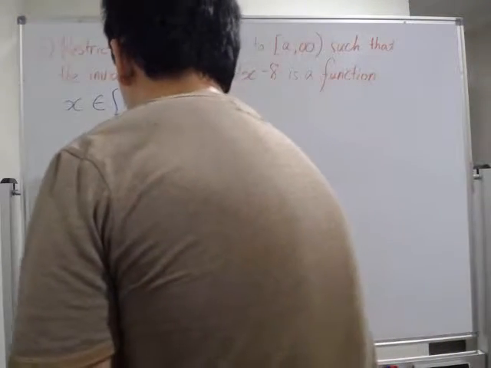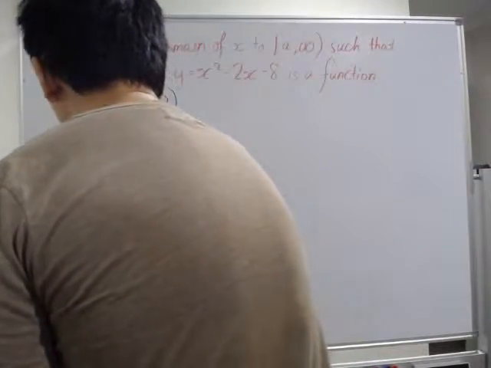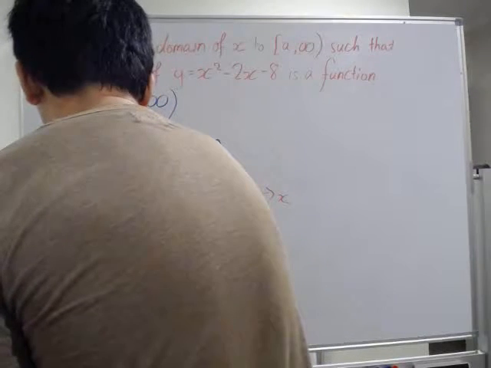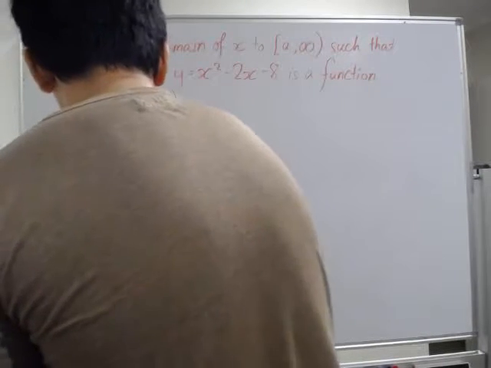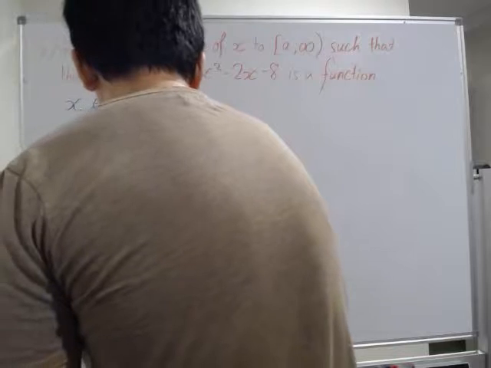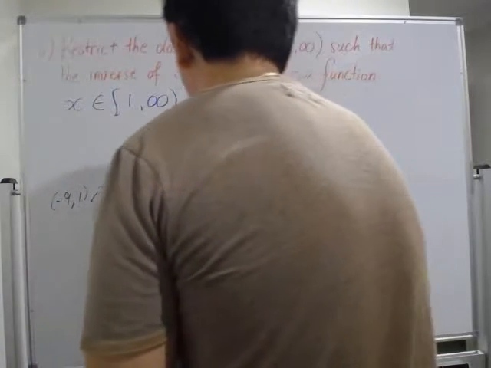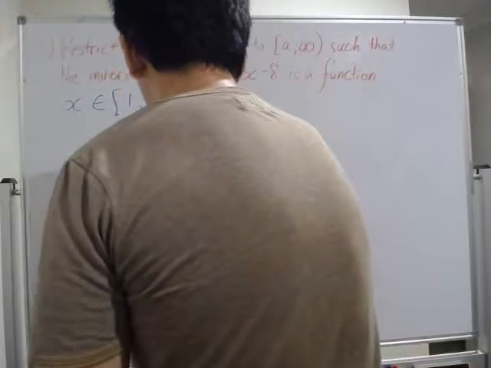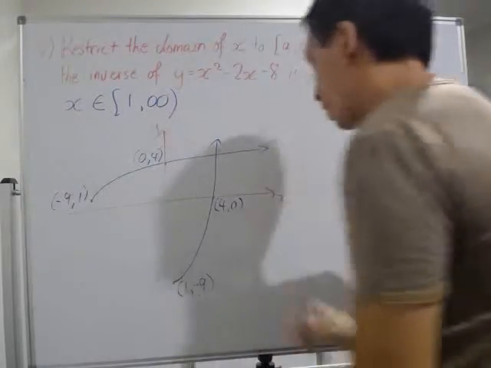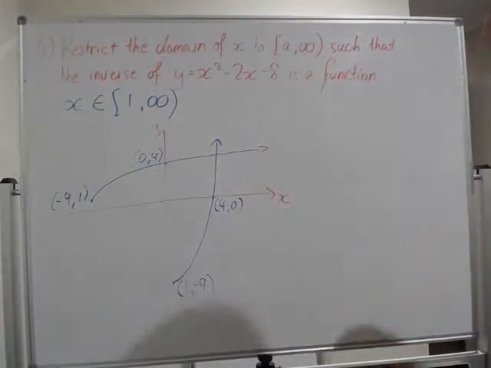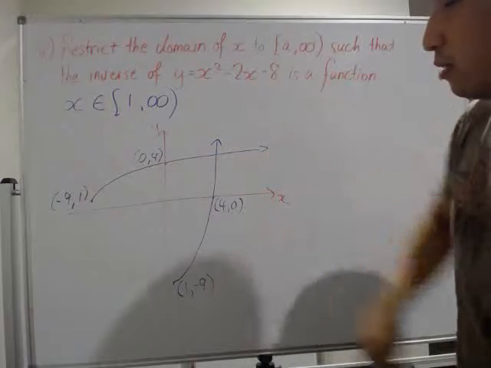So we're going to end up at negative 9, 1. And since the original graph had an x-intercept at 4, 0, its y-intercept should be at 0, 4 now.